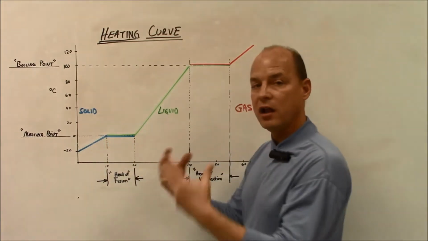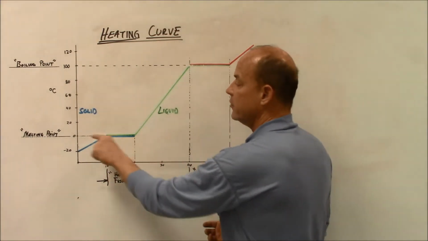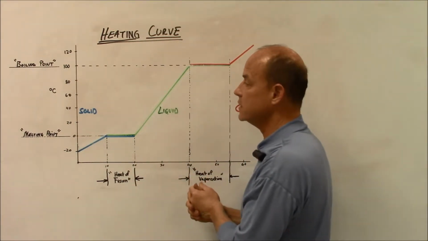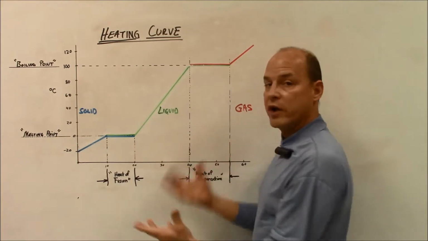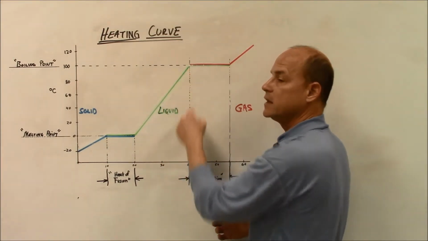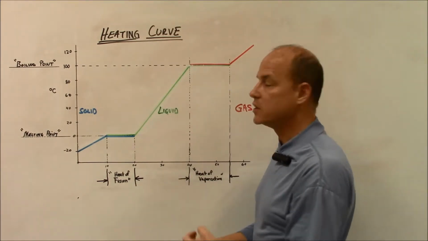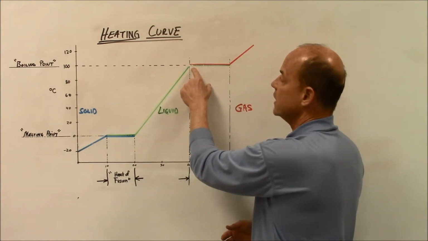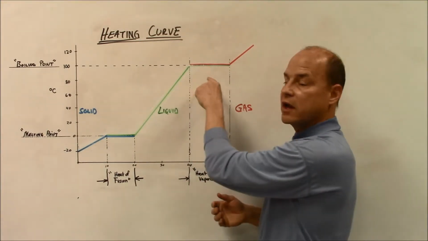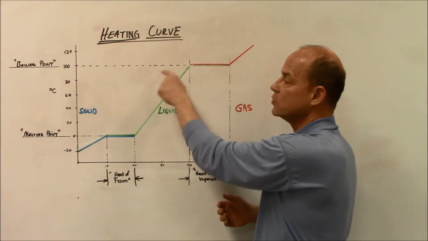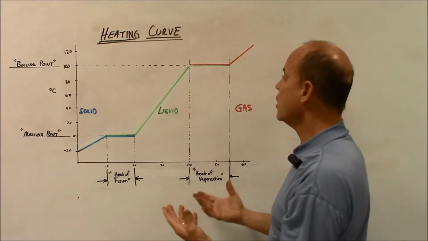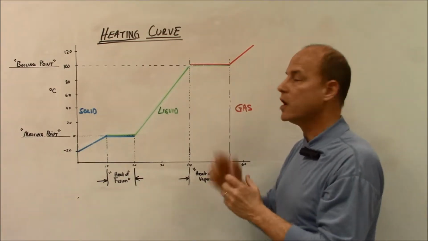Until all of the ice melted, that temperature stayed the same, near 0 degrees Celsius. Then when all the ice melted, the temperature of the water could increase until we got to another state change, changing from a liquid state to a gas state. As long as there was liquid and we were making gas, the temperature was going to stay at the boiling point until all the liquid was gone, and then it started to shoot up again as really, really hot steam.